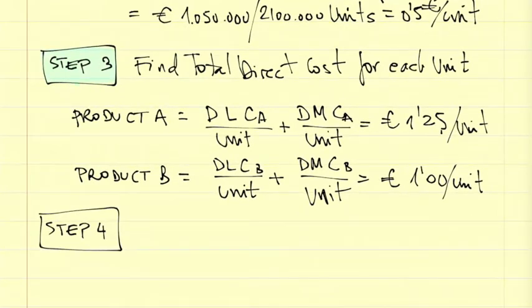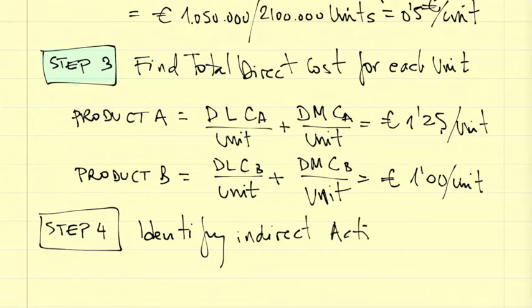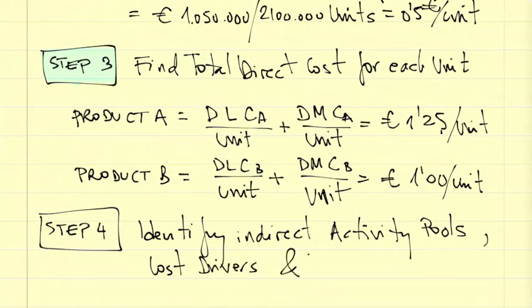Here we identify indirect activity pools, cost drivers, and unit costs. Okay, and this is where the whole real activity-based costing is going to start.